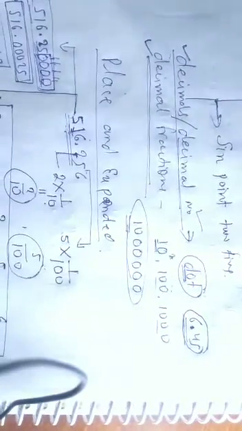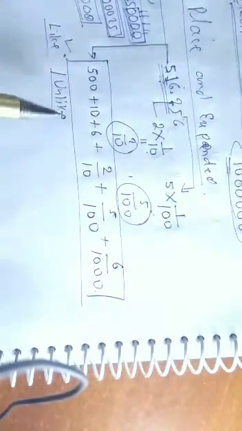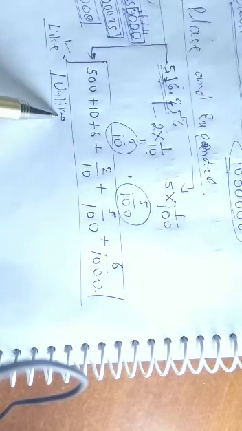Okay students, in the next point we have to discuss like decimals and unlike decimals. You already know about like fractions and unlike fractions. The fractions whose denominators are the same are called like fractions, and the fractions whose denominators are different are called unlike fractions.